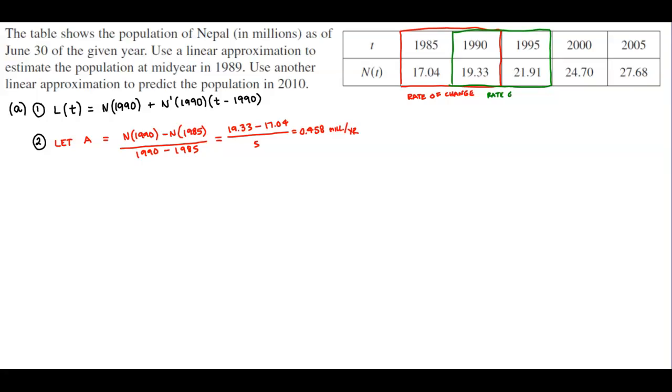And the reason we do that is then we can find the average of those two to give us an estimate of what the slope would be for 1990. So we're going to let B equal n of 1995 minus n of 1990.